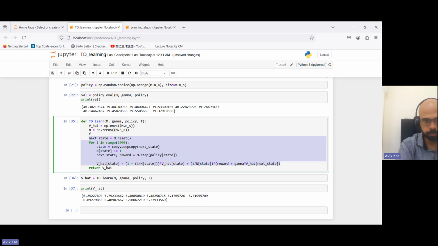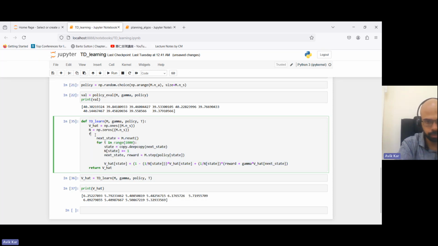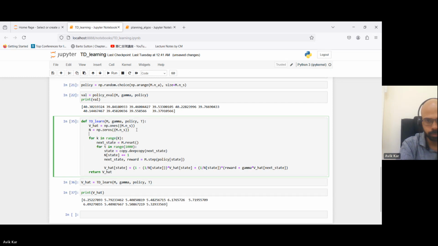This particular thing we can compute multiple times for multiple episodes, for a in range capital A, and initial is k. Sorry, let's assign k to 100. Let's see. So 100 times 1,000, so it will be 1 million.